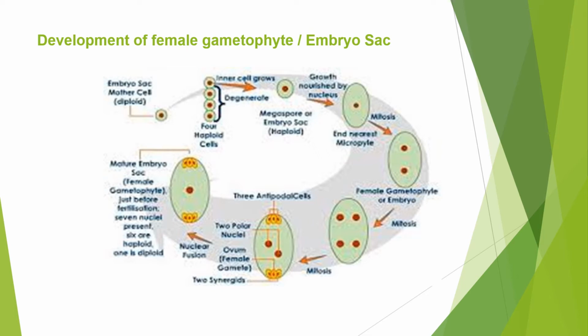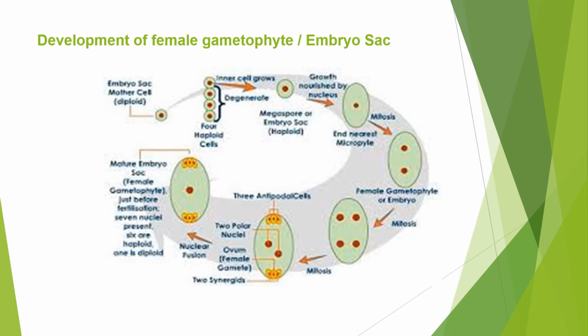The functional megaspore undergoes 3 successive mitotic divisions. The first mitotic division forms 2 nuclei which migrate to the opposite poles. The second mitotic division takes place and 2 nuclei are formed at each pole. And after the third mitotic division, 4 nuclei are formed at each pole.